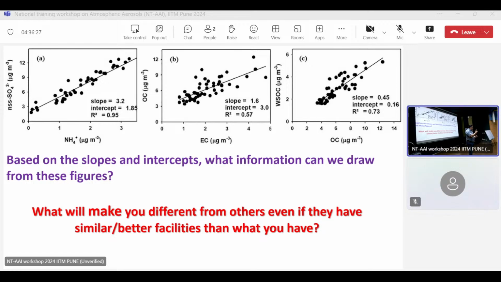Whatever data you have, first make sure that your data quality is perfect. If your data quality is not perfect, don't report, don't try to publish for the sake of publishing. Once you are sure that data quality is good but it is not making sense, then you use your mind, you try to split the things in different ways, trying to get more out of it and then extract.